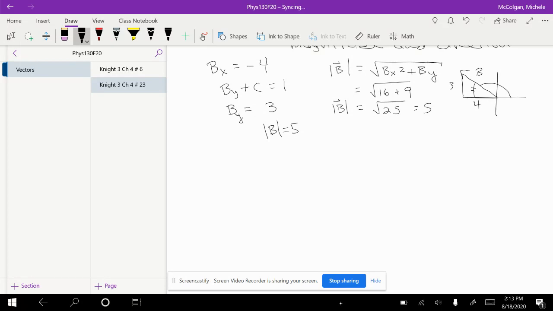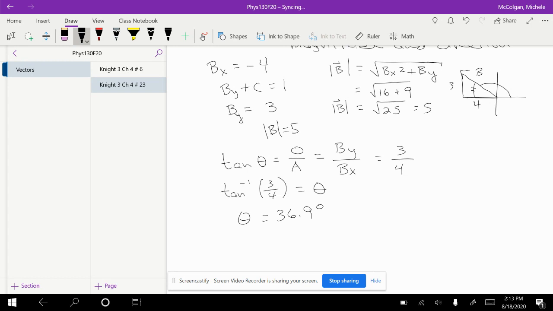Tangent is opposite over adjacent, so tangent theta is equal to By over Bx, which is just 3 over 4. When I plug that into my calculator, tan inverse of 3 over 4 will give me my theta, and theta is equal to 36.9 degrees.